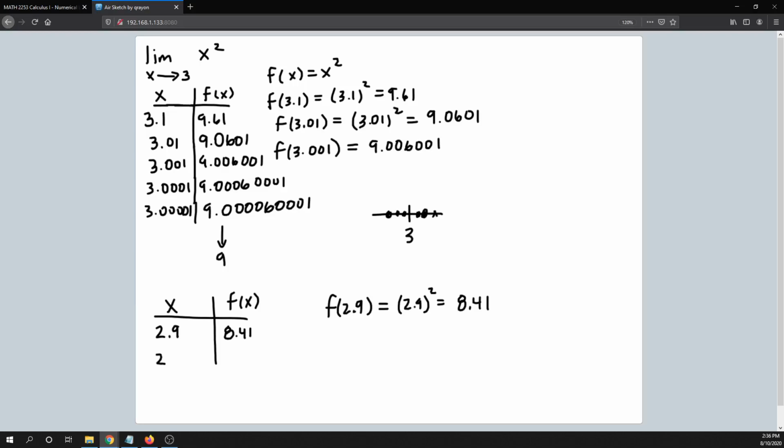All right, and then 2.99. 2.99 is a little closer to 3, but still on the left-hand side. So you would plug that into the function and see what you get.